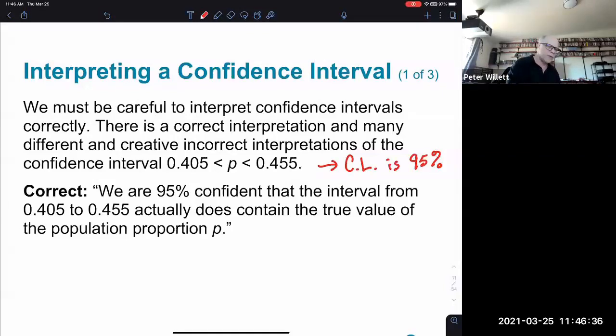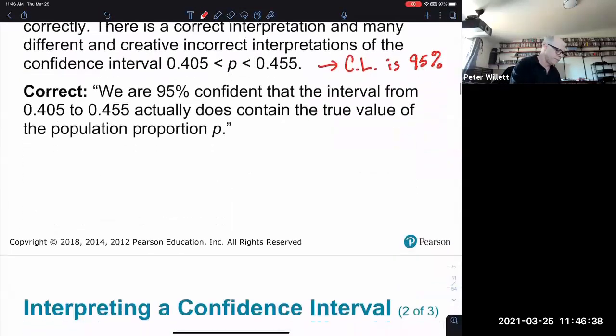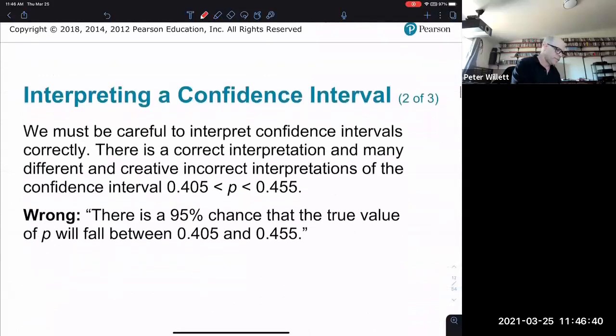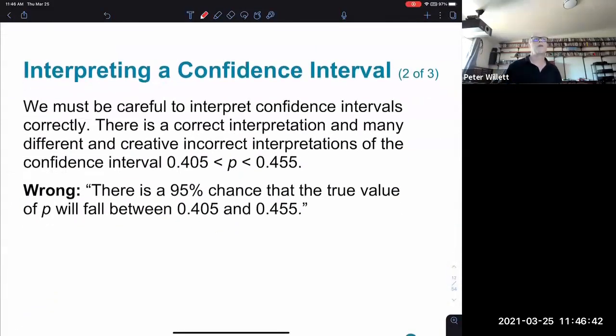So given the same interval and the same confidence level, here's a wrong interpretation of the exact same thing. Again, the confidence level is 95%. A wrong interpretation: there's a 95% chance that the true value of P will fall between 0.405 and 0.455.